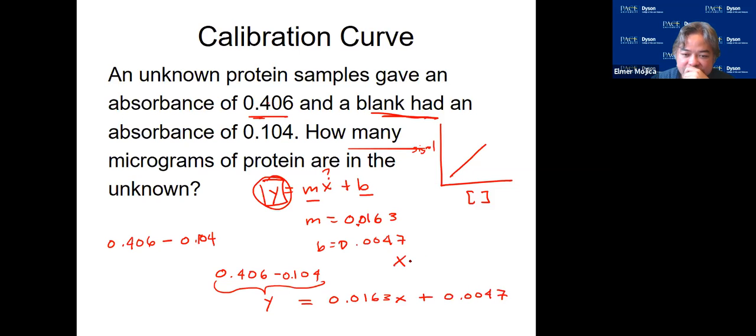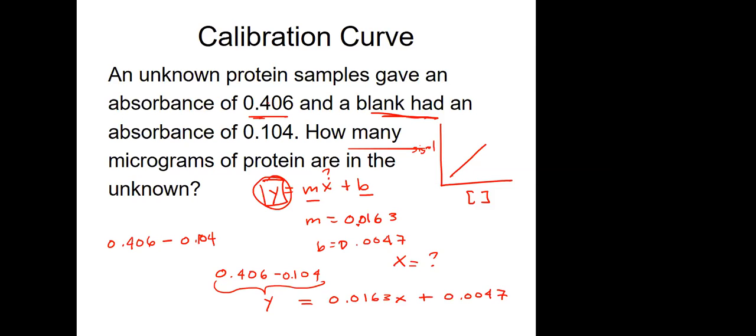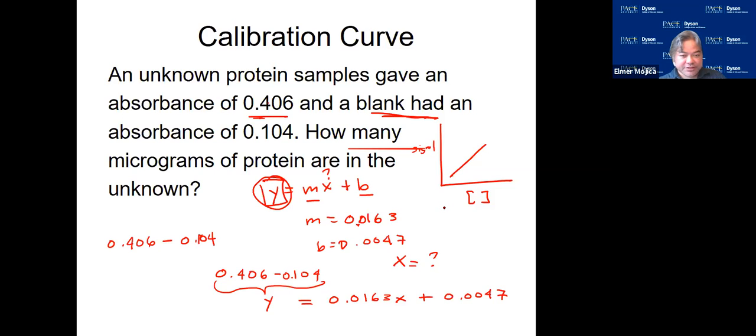So the question now is, what's X? I got 6.09 micrograms. So this equals 6.09 microgram.